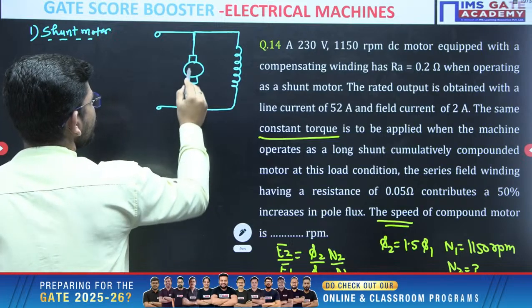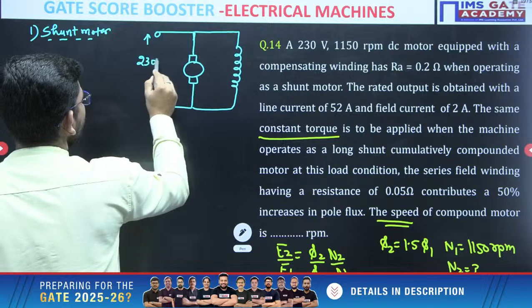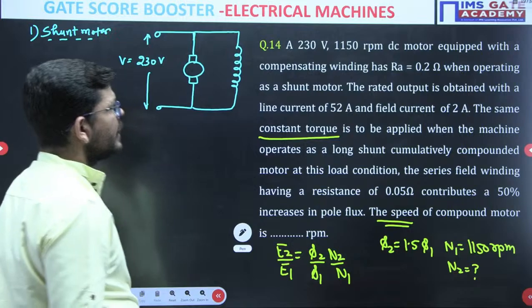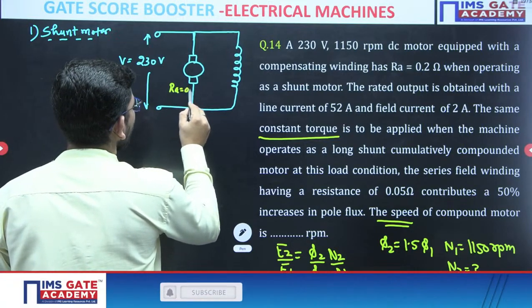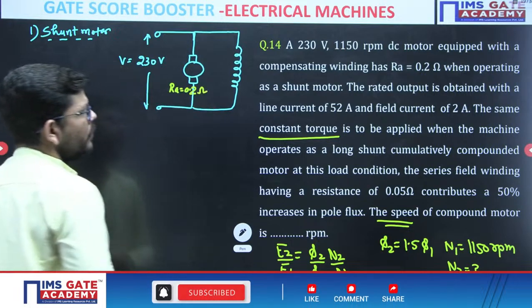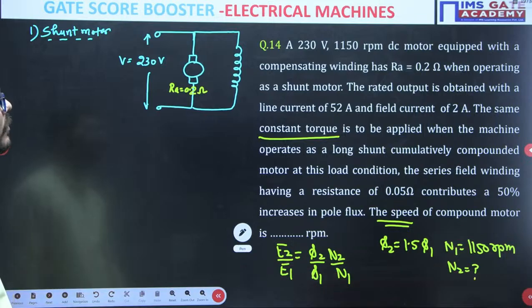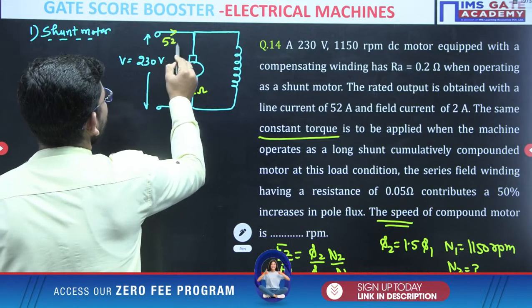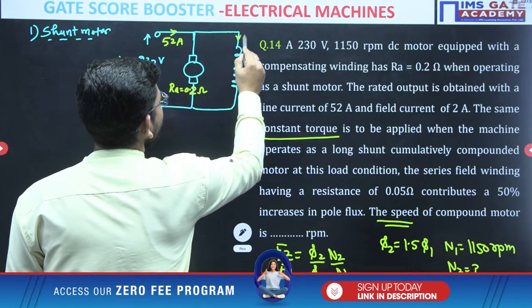If we draw the shunt motor, we are giving a voltage which is 230 volt. This is our V, right. It has Ra equal to 0.2 ohm. The rated output is obtained with a line current of 52 ampere, and the field current is given as 2 ampere.